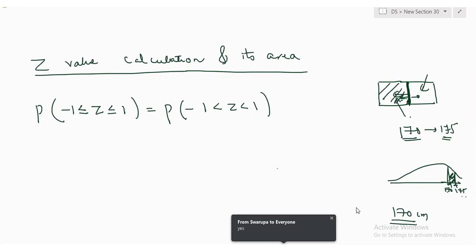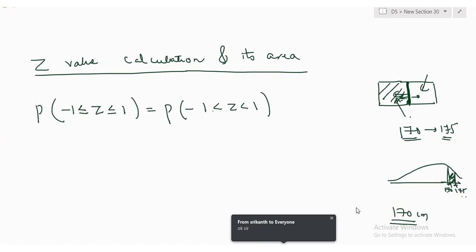This you should keep in your mind. So it doesn't matter whether you keep equal or not equal, both are the same. Please keep this in your mind, especially with respect to the continuous data. With respect to other, nothing to worry. In case of the discrete, if there are two pens only, there is no 2.1 pens or 3 pens or 1 pen.